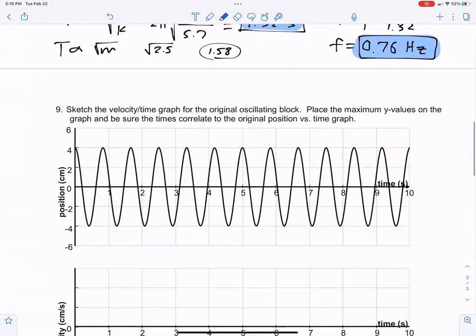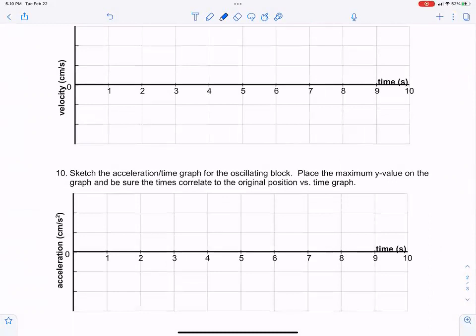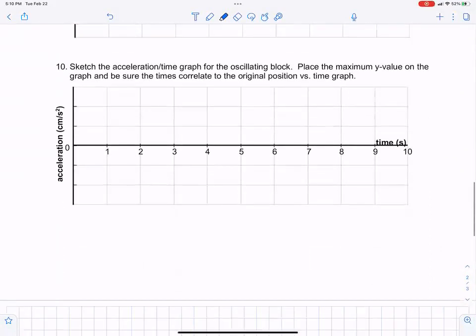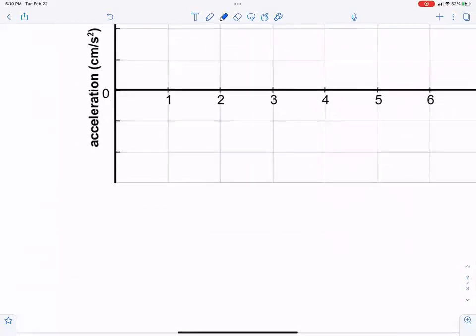Okay, now on the back side, what we're going to do is plot the velocity versus time function and the acceleration versus time function. Now, to figure out the max acceleration, here's what we have. Net force, whoops, we're going to do this down below. Net force is equal to ma, but net force is also equal to kx, because we're talking about a spring force.